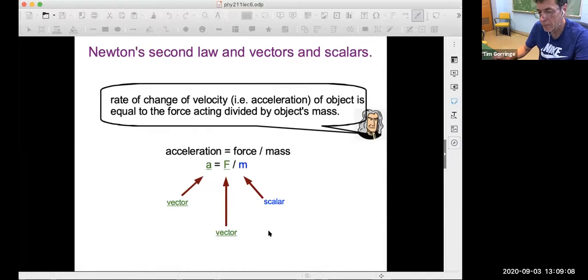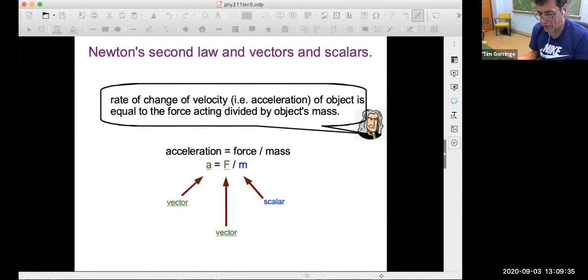Second important point is about these three quantities in Newton's second law, and it involves both vectors and scalars. So mass is a scalar quantity. The mass or inertia of an object, which measures the amount of matter, is just a size. It's just 1 kilogram or 10 kilograms or 1,000 kilograms.